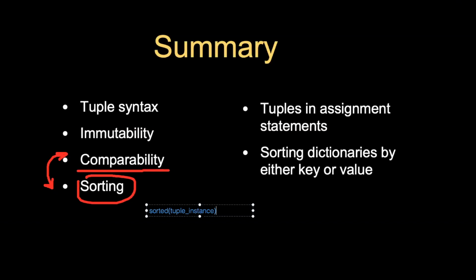So you can have a tuple instance and have it all sorted, but this gives you ascending order by default. If you want a descending order, for example, then you say reverse equals true. This allows you to reverse the sorting direction, making sure that the highest value goes first.